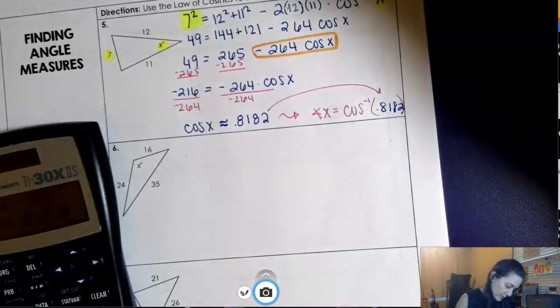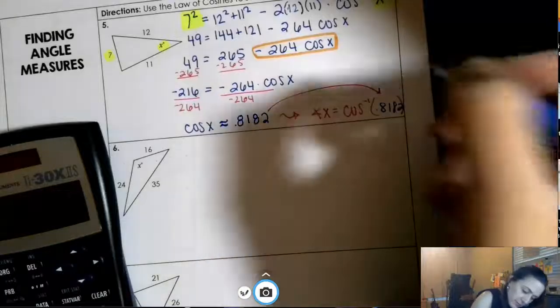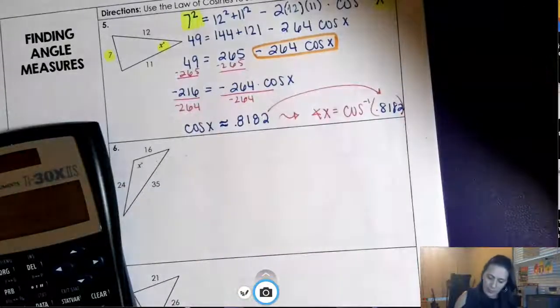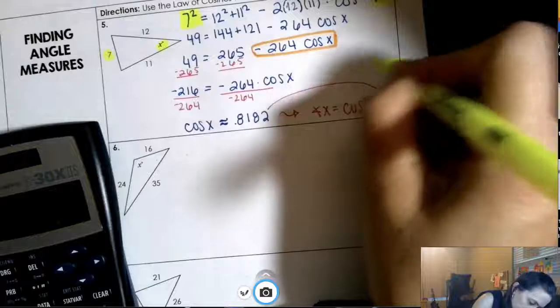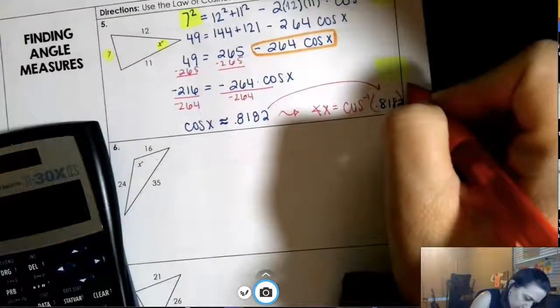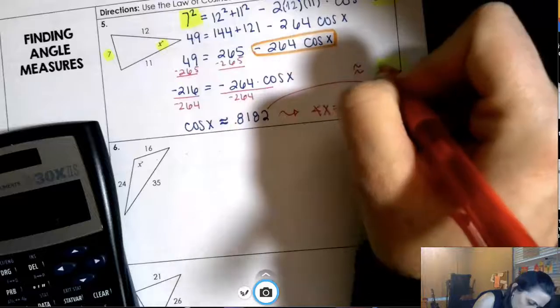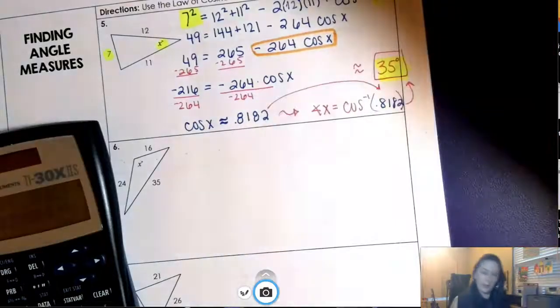So if I'm going to do second cosine, 0.8182, I end up with about 35 degrees. So I'm going to go ahead and say this is about 35, I'll go ahead and highlight the answer. So that's what we got.